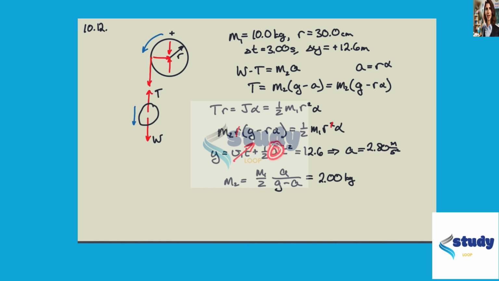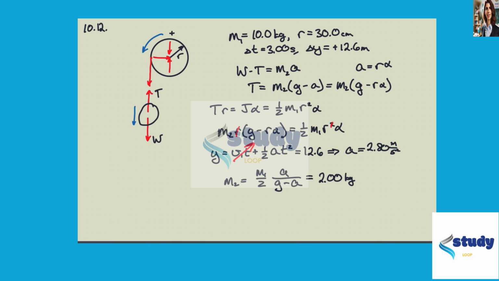If we solve for a, knowing t and y, a winds up being 2.8 meters per second squared, in the plus direction, so that's down. Here we can solve for m2. m2 is m1 over 2 times the quantity a divided by g minus a, and that is about 2 kilograms.